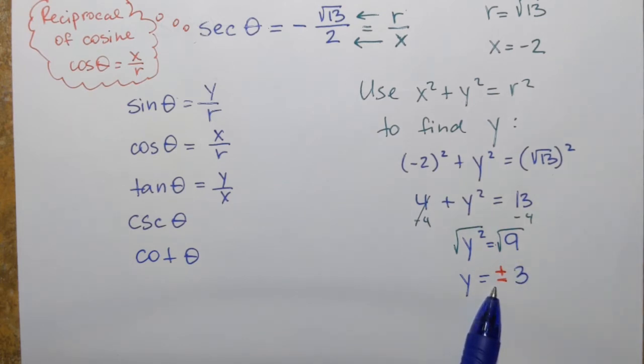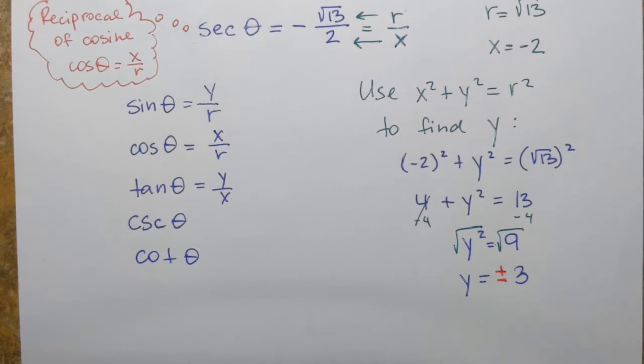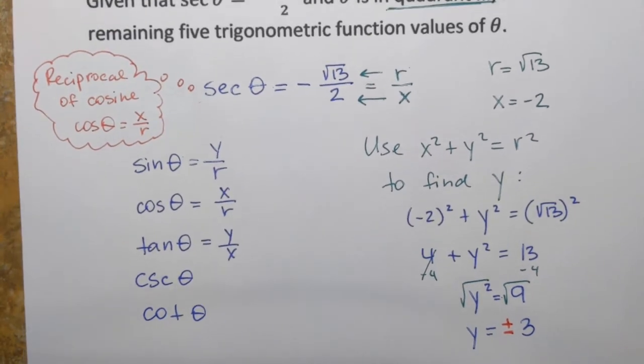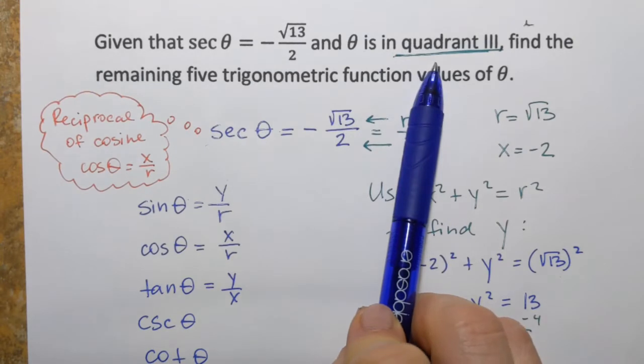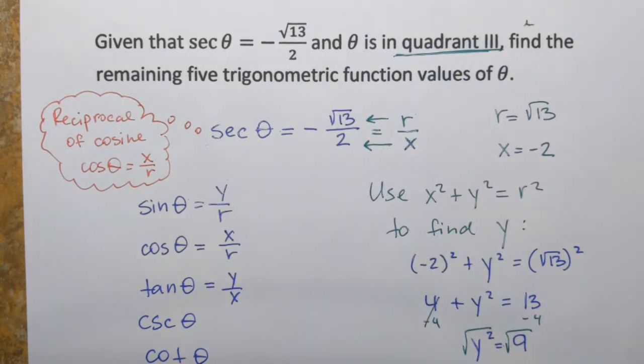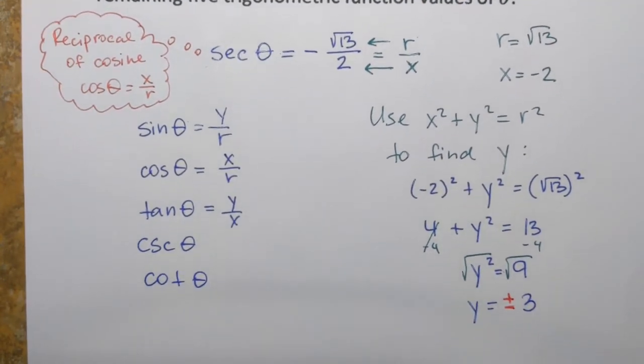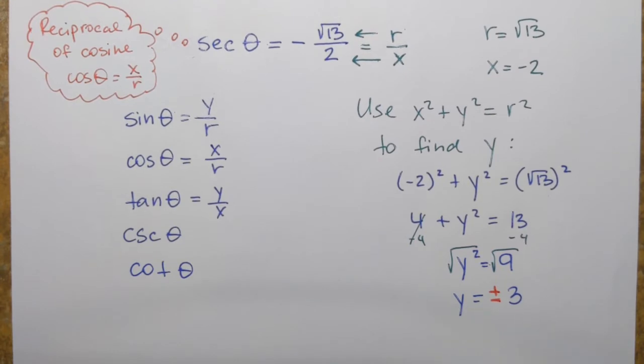And I just need to decide what is the right sign in this case. How do I decide? Well, I decide by using the information about the quadrant in which angle theta terminates. So we know that theta terminates in quadrant 3. So what do we know about y values in quadrant 3? Well, in quadrant 3 they have negative signs, right?